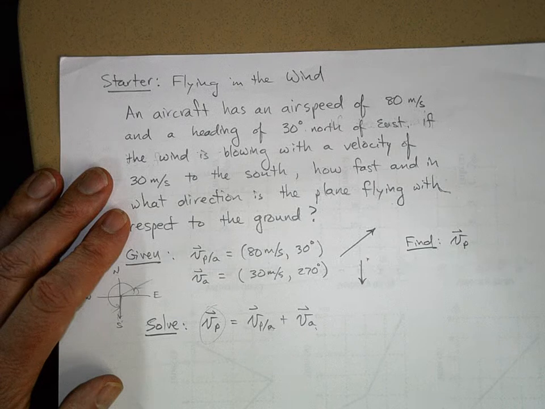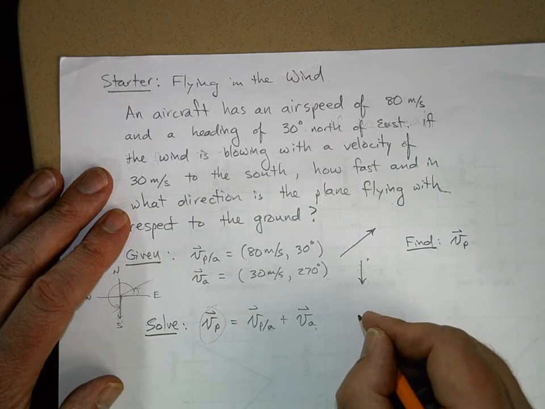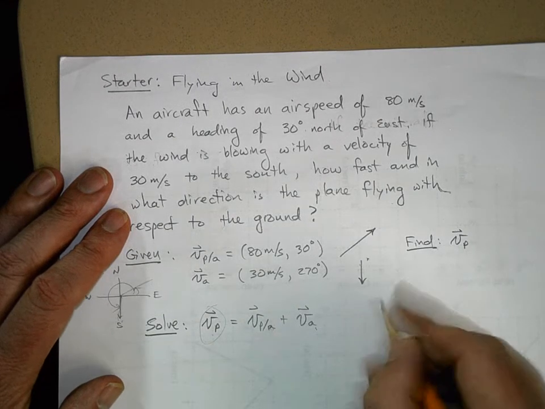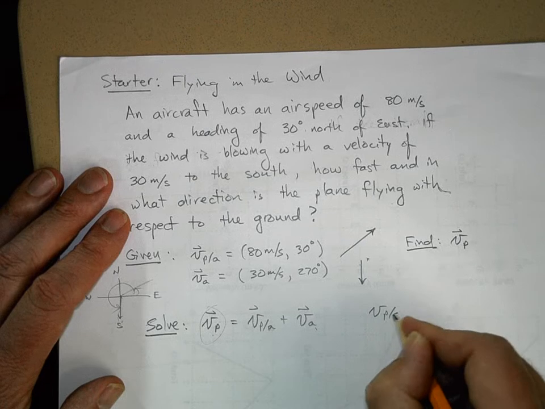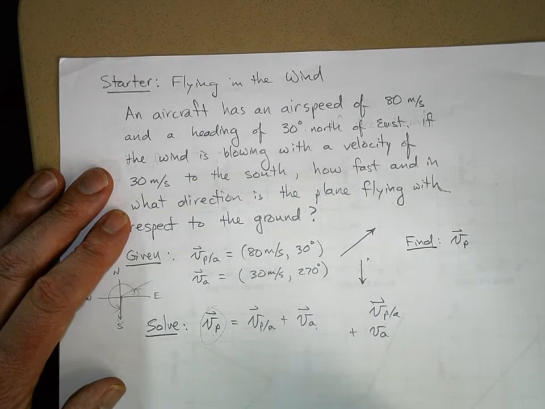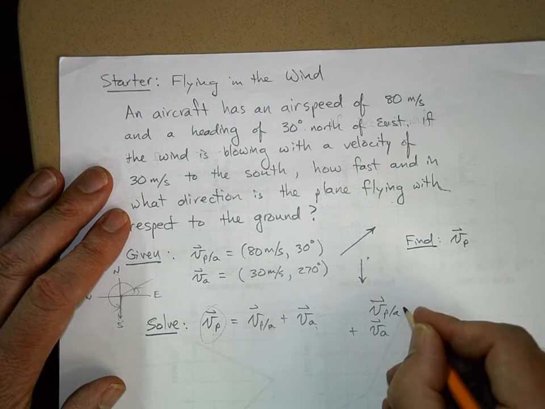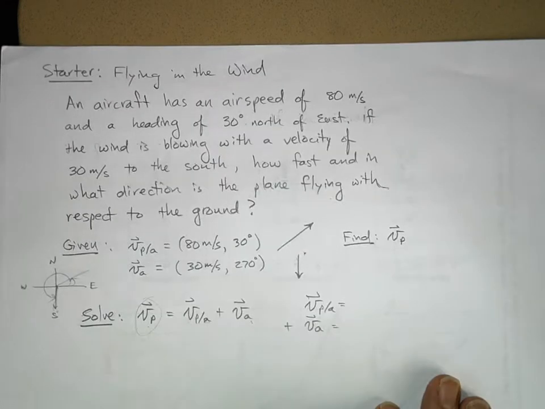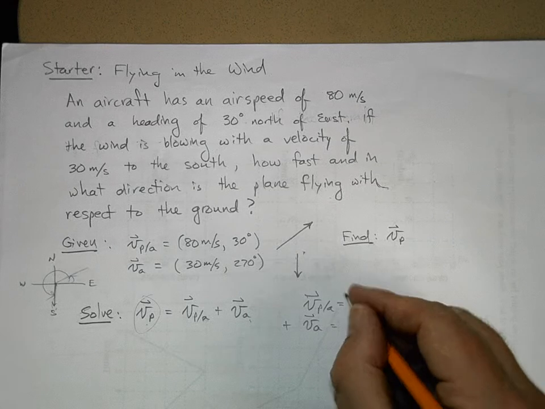And so I can do this. I can say, well, my result is just the velocity of the plane compared to the air plus the velocity of the air. And then I can write this in polar coordinates.